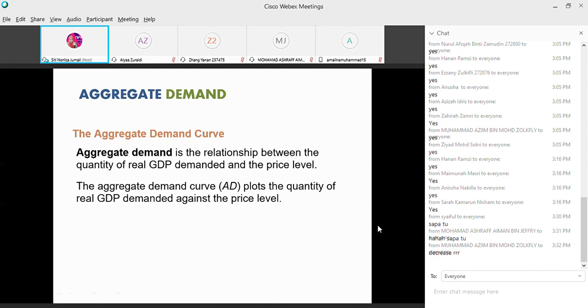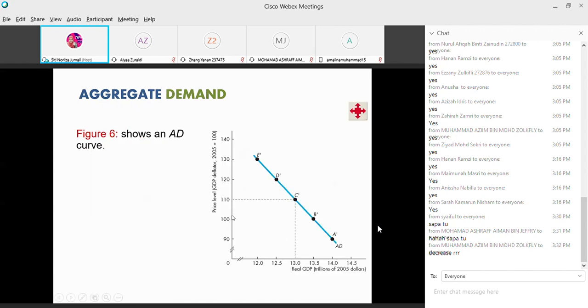So if you know that the AD curve is downward sloping from left to right, you can straight away tell there is a negative relationship between price level and real GDP. Let me show you the curve. When P increases from 90 to 100, 100 to 110, GDP will decrease.